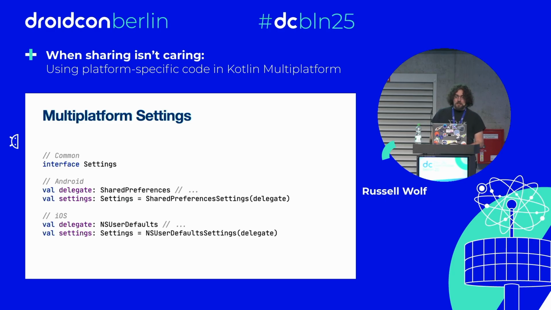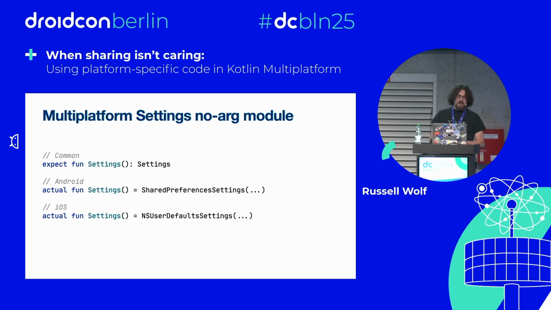But some users don't want to deal with that flexibility. They don't need the customization, and they just want to be able to do everything from common code. And so there's also this no-arg module that just has a factory function for settings that builds a default implementation for each platform.